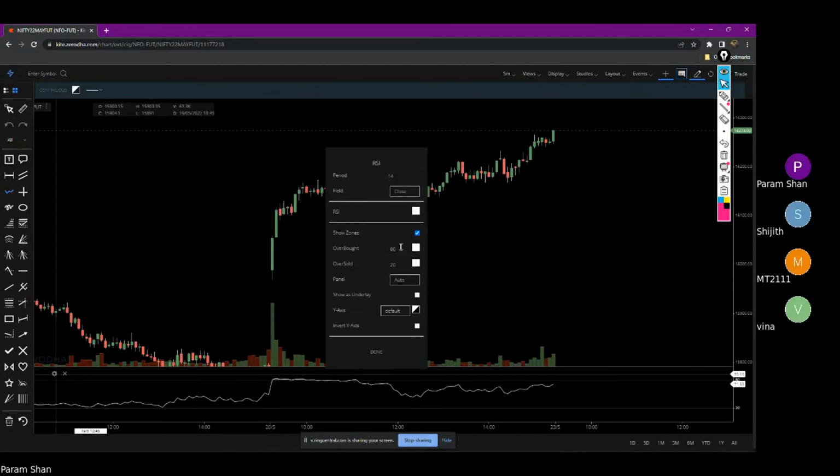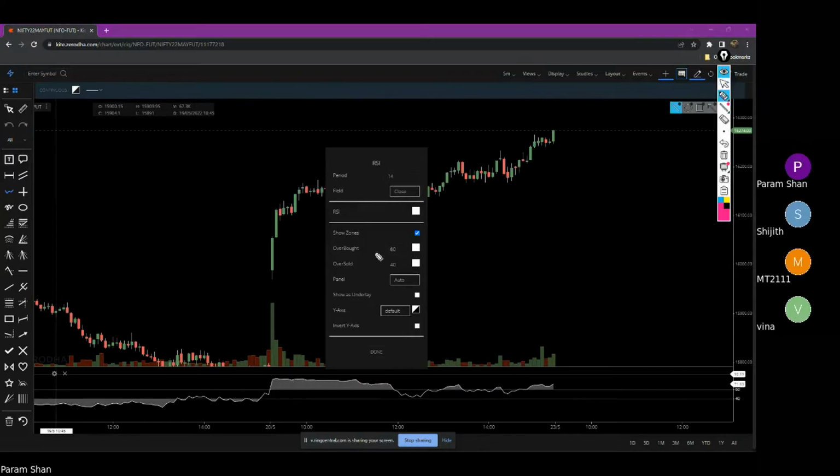So I told you to keep the levels as 60 and 40. System is telling you overbought zone as 80. So I changed that to 60 and oversold 40. As I was telling you earlier, I'm not going to see that as overbought or oversold. I'm changing the levels to 60 and 40.